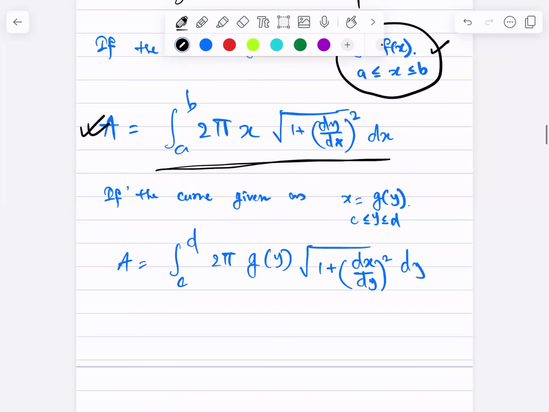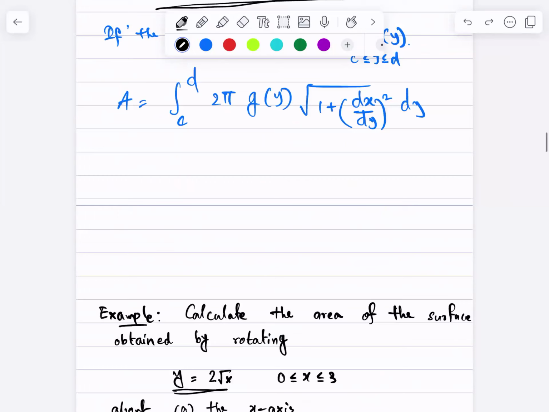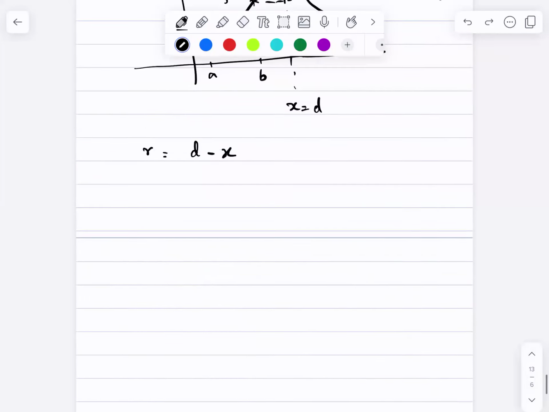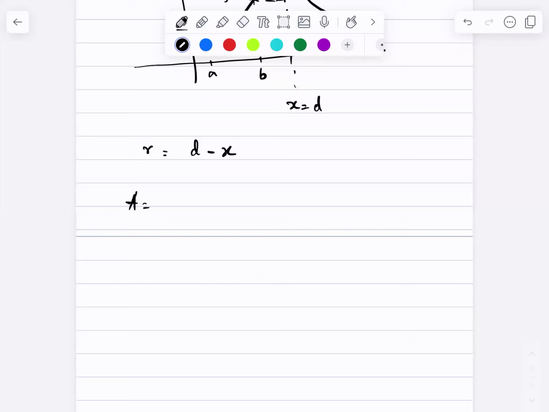This term will remain the same in the general case, so I'll just write it down: 2 pi integral from a to b, and this term is fixed, square root of 1 plus (dy over dx) squared dx.